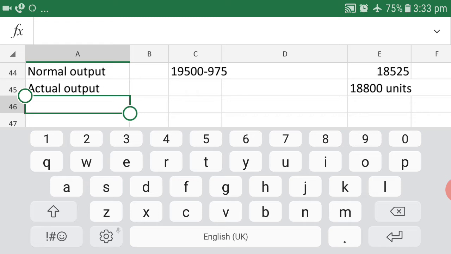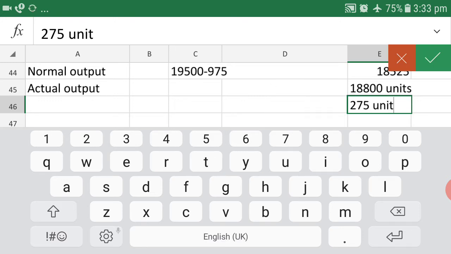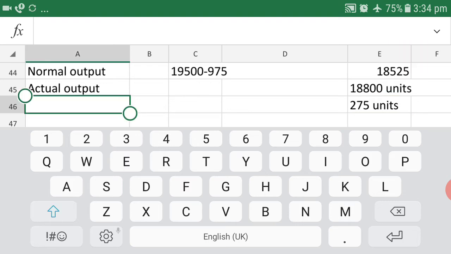Normal output is less than actual output, so we can conclude that there is an abnormal gain of 275 units.